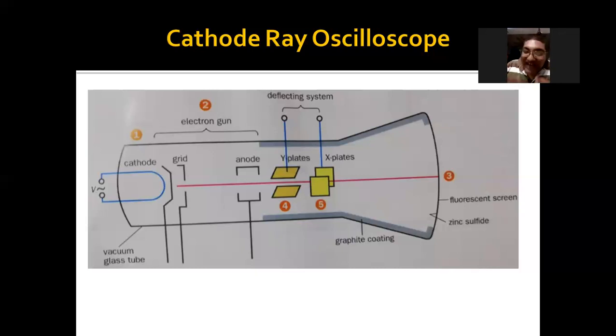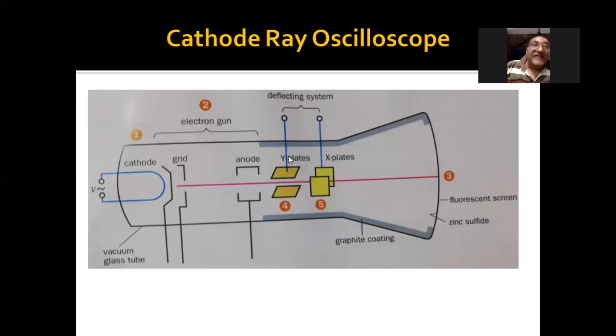These Y plates control the movement of the beam in the vertical direction. If no voltage is provided to the Y plates, the beam will go to the middle of the screen.